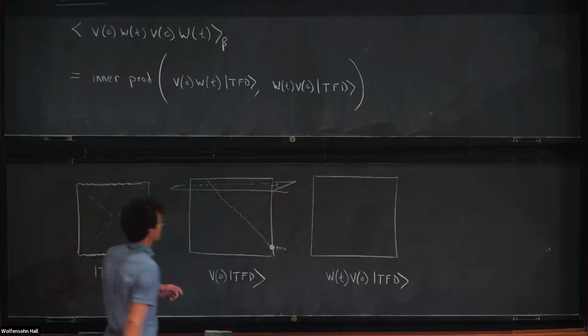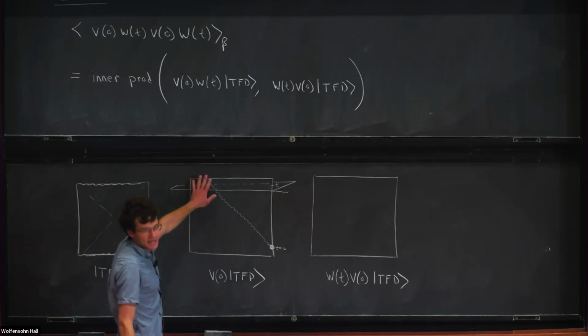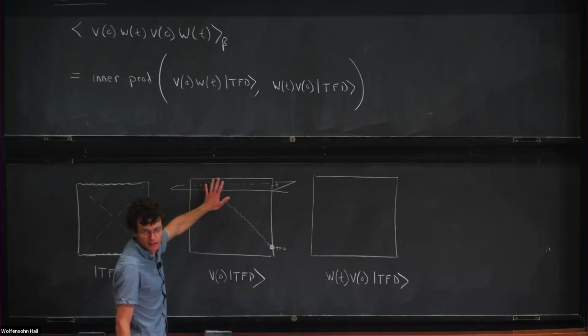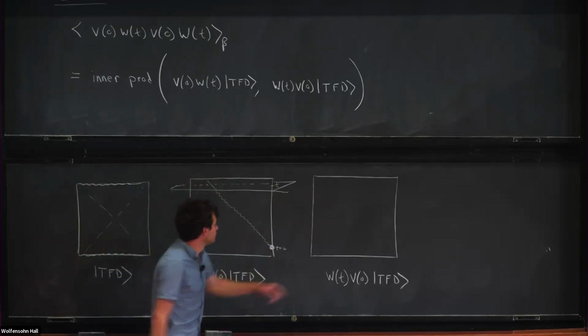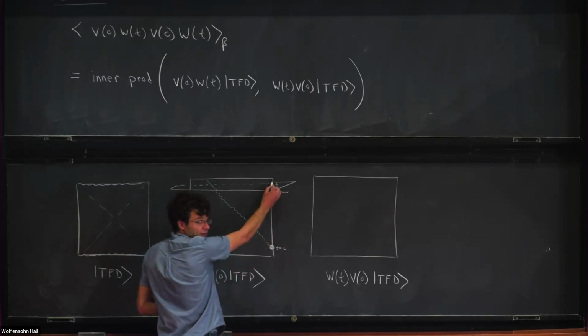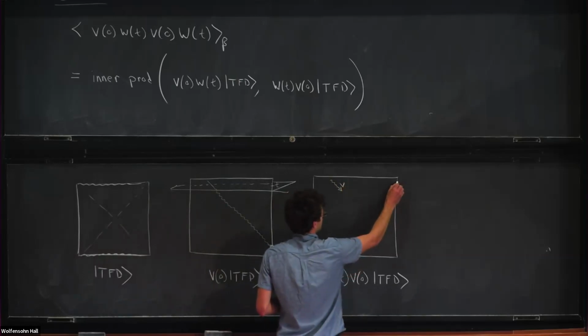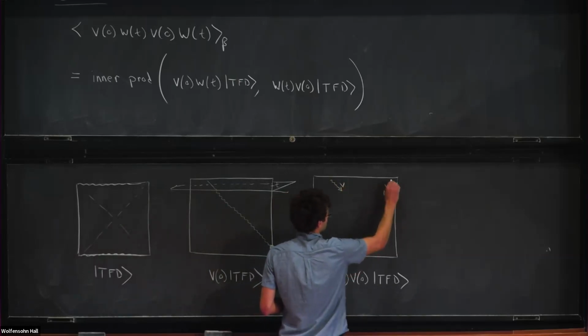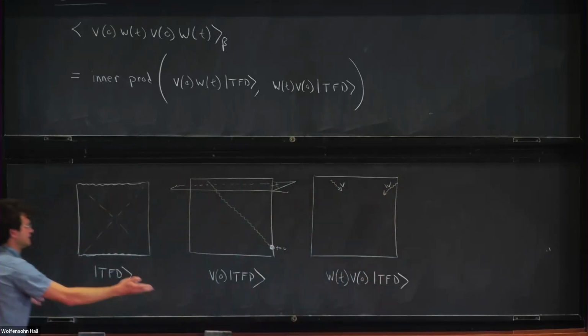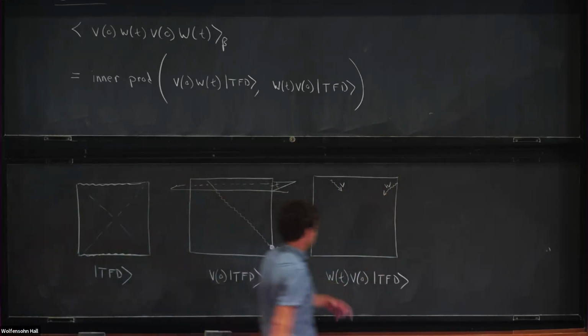Because then the V particle is way inside, we don't need to worry about it. And to act with the W perturbation, we just add something over here. So it looks like we have the V particle over here, and now we're going to add another particle over here, which is the W particle. So that is what this state looks like.